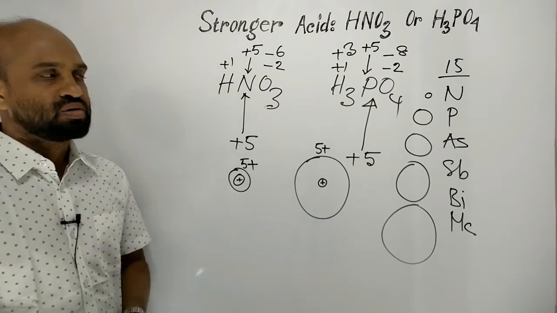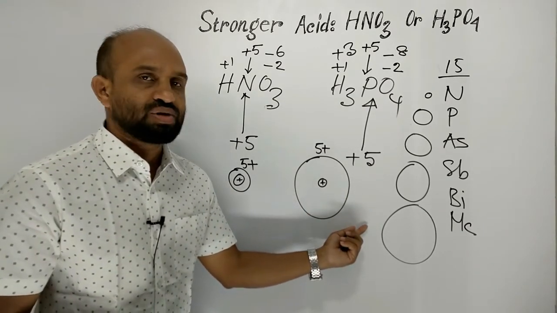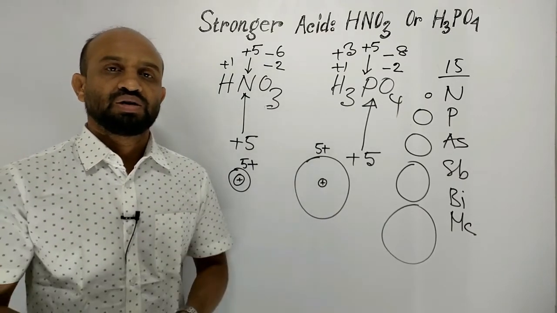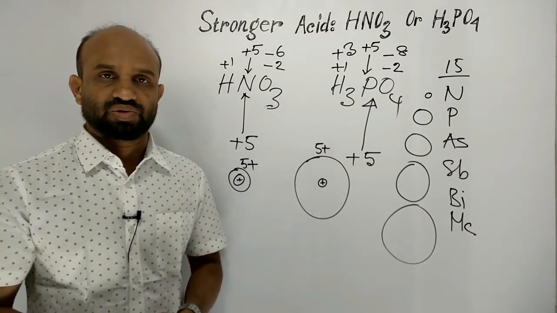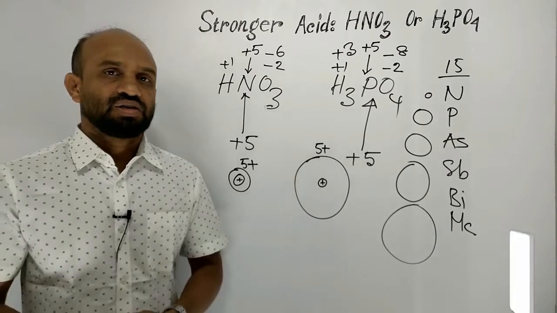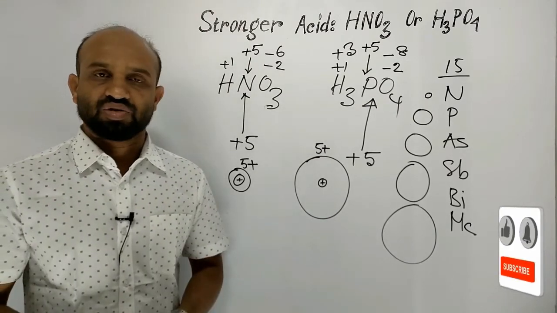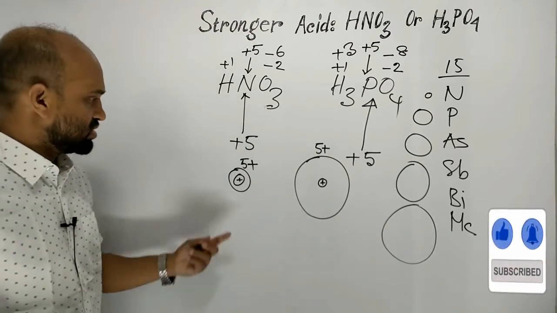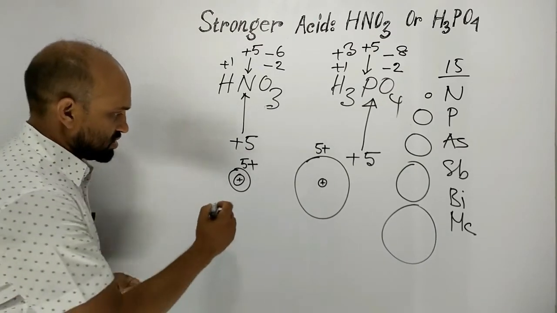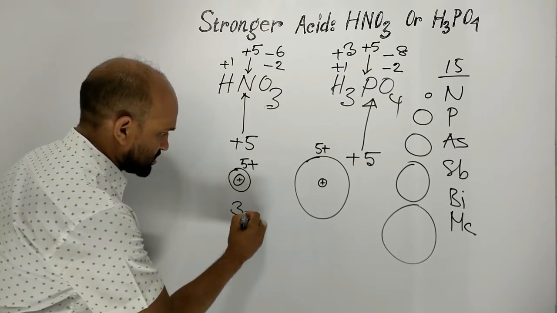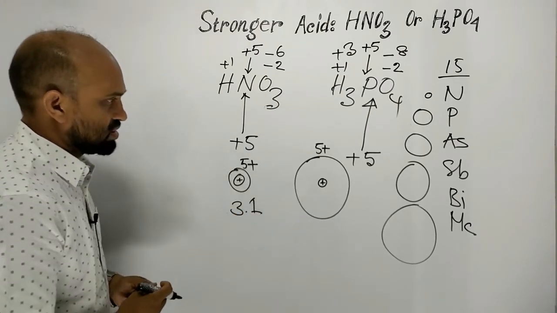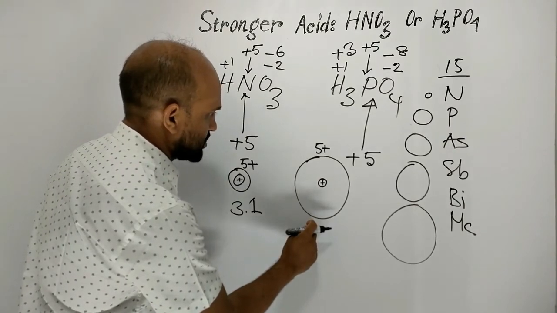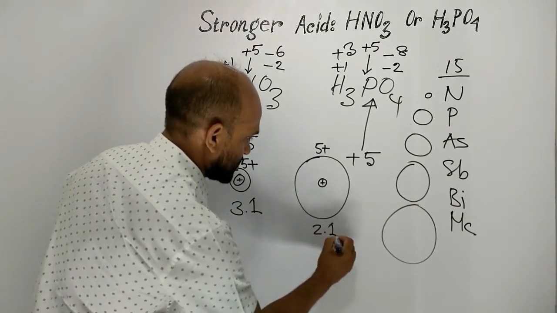And we know electronegativity increases with the smaller size of atoms. That means the smaller the atoms, the higher the electronegativity. So in case of nitrogen, electronegativity is 3.1 and electronegativity of phosphorus is 2.1.